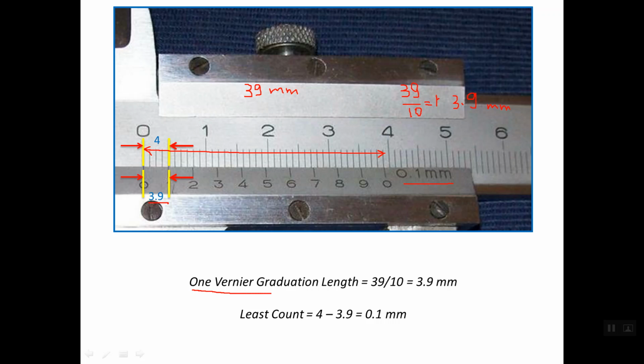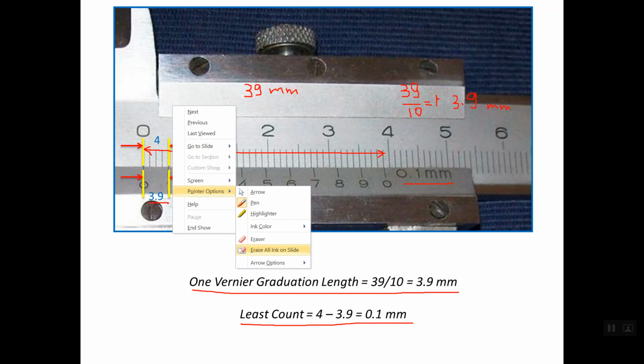So the one vernier graduation length, as we have computed, is equal to the total length of the vernier scale, which is 39, divided by 10 divisions. So one graduation is simply 3.9 mm. So the least count in this case is equal to 4 minus 3.9, which is 1/10 mm.